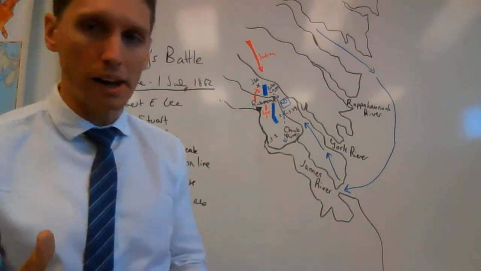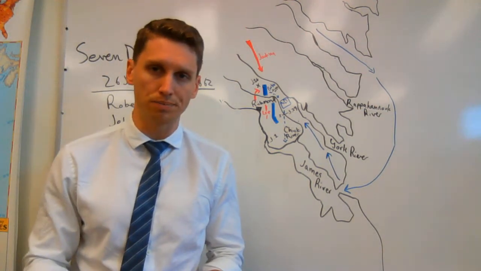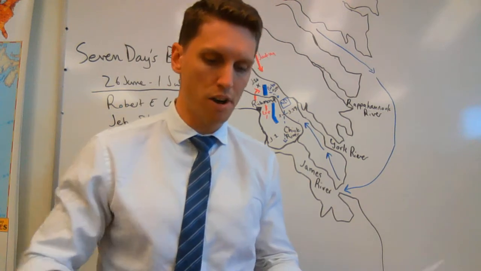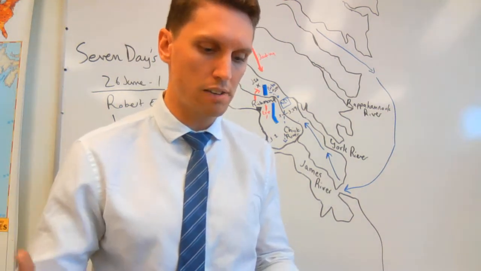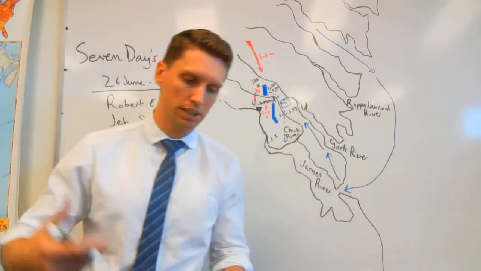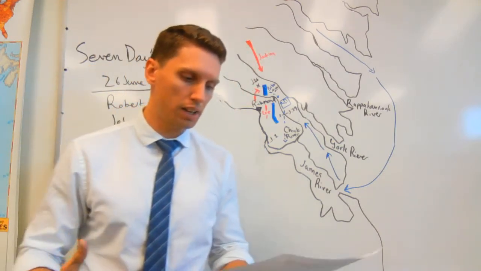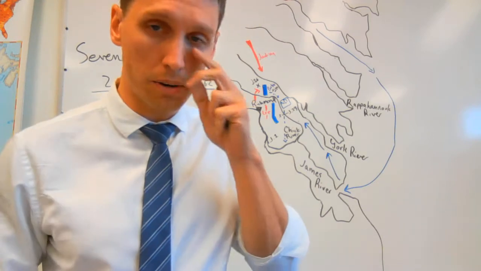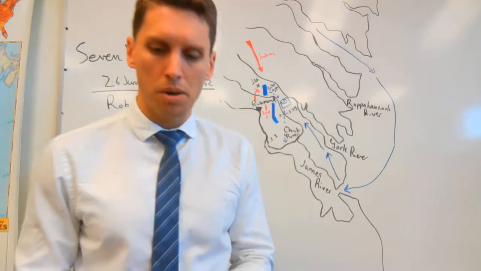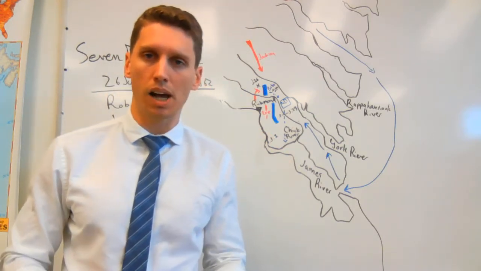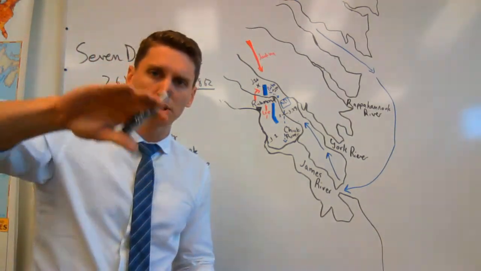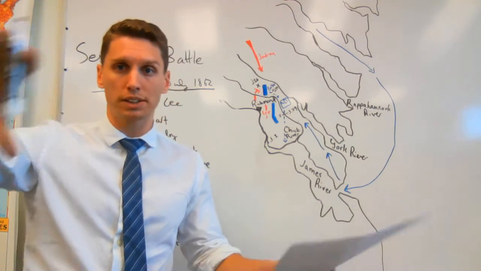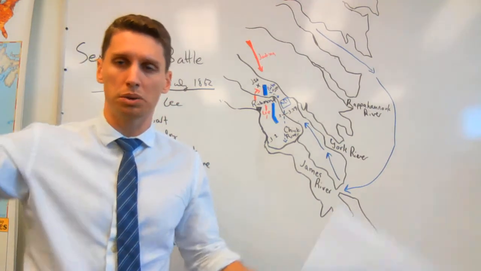And it's the same story with Lee's pursuit. There are two battles, Savage Station and Malvern Hill, okay? Both of them have horrific rebel casualties. There are about 3,500 rebel casualties at Savage Station and another 5,500 at Malvern Hill. And Malvern Hill is the worst of it because it's this hilltop that McClellan said was a good place to be defensive, which is what he always does.